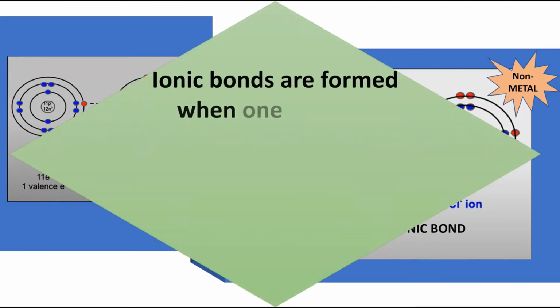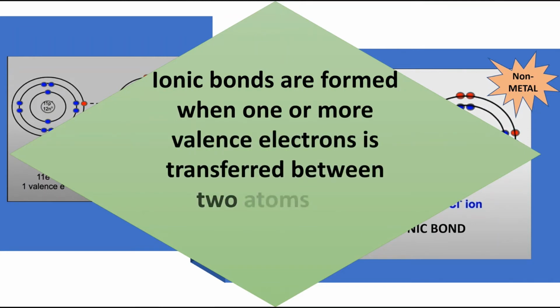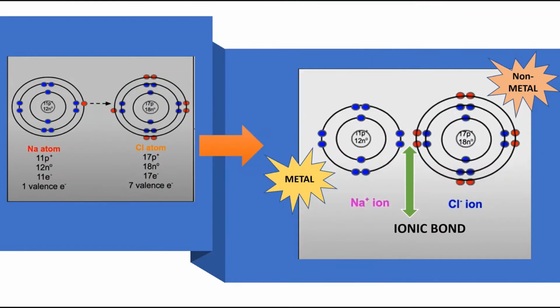So ionic bonds are formed when 1 or more valence electrons are transferred between the 2 atoms in a compound. Here, the electron is completely transferred from the sodium atom to the chlorine atom. Chlorine has higher electronegativity, as you can refer to in the periodic table just discussed.